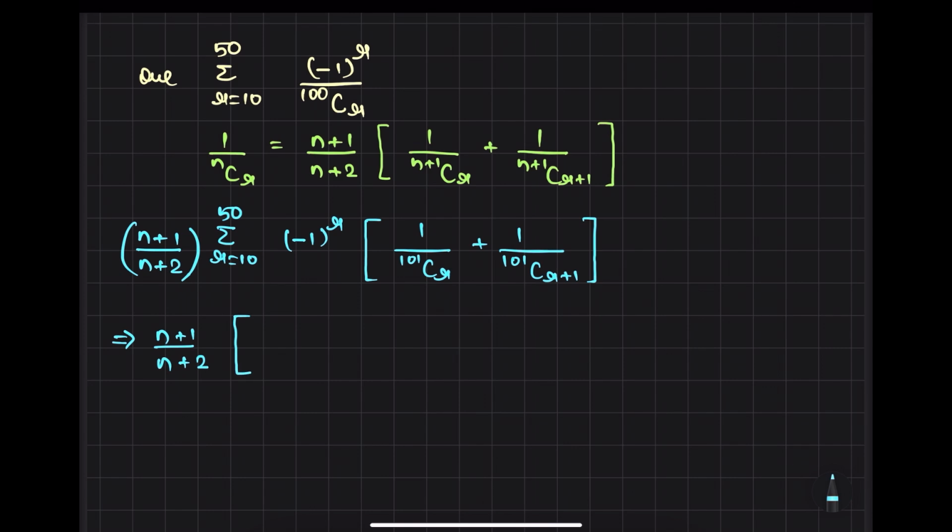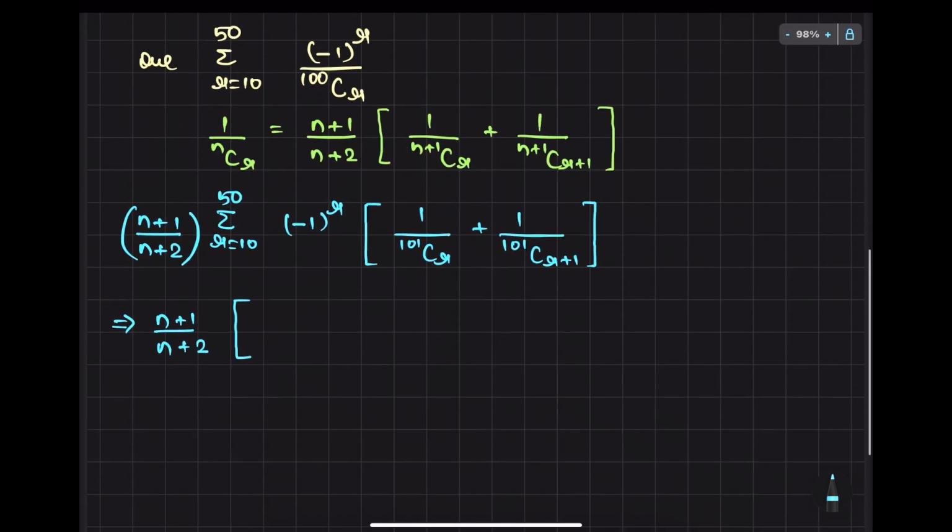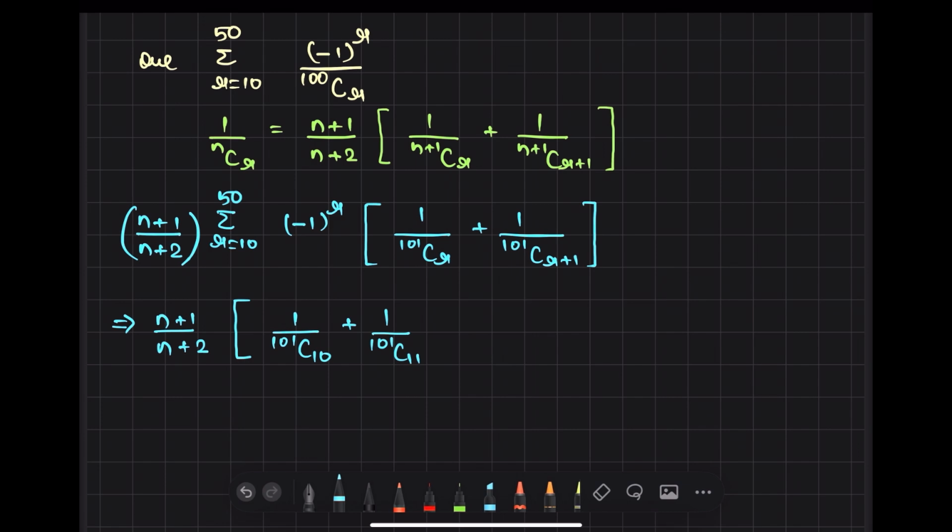The first value of r is 10, which is an even number, so it will become positive. So it is 1 by 101 C10 plus 1 by, not 100, it is 101 C11. Now the next element will be what? 11. So minus 1 power 11 is a negative number.